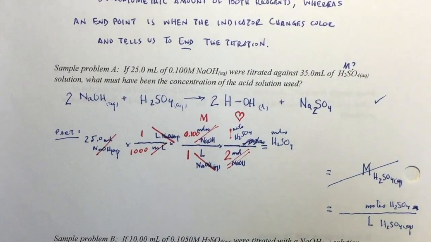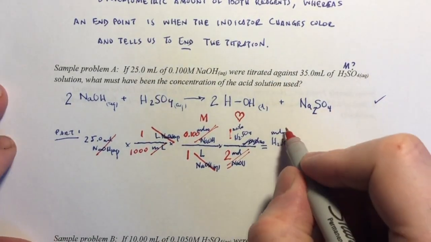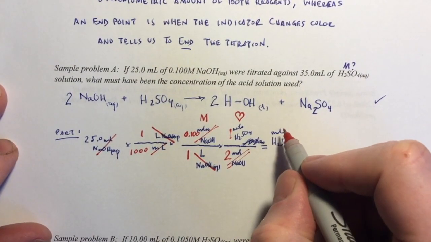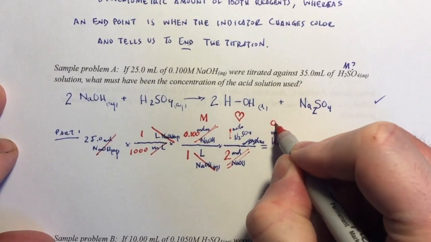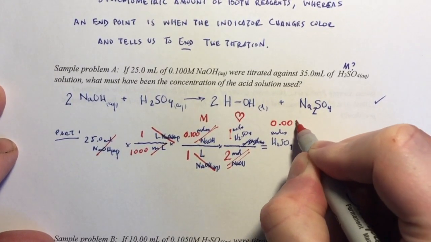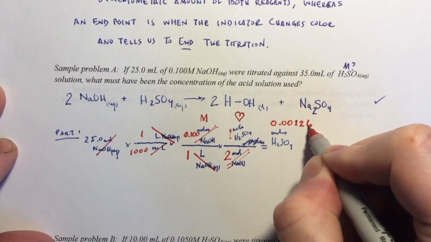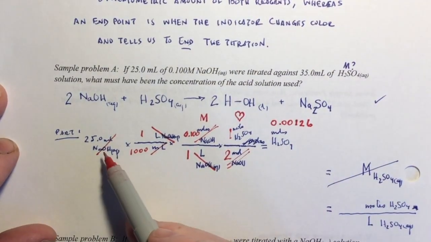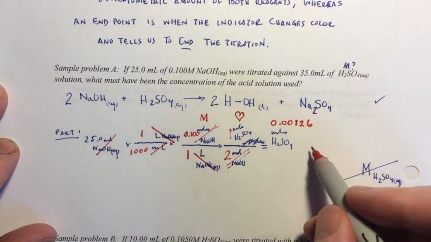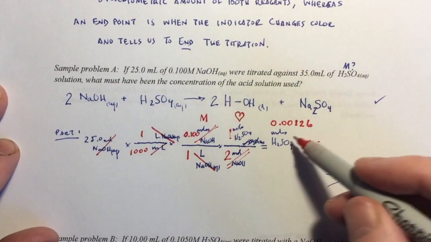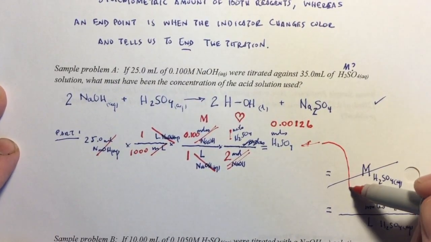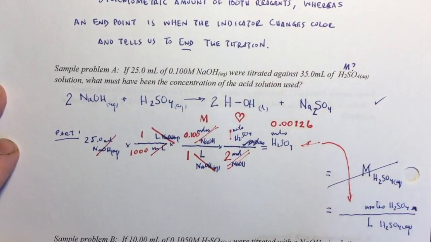So if I do this math, I get 0.00126. 3 sig figs there, right? So that's how many moles of the acid I'm getting, and that's going to go in the numerator right there.